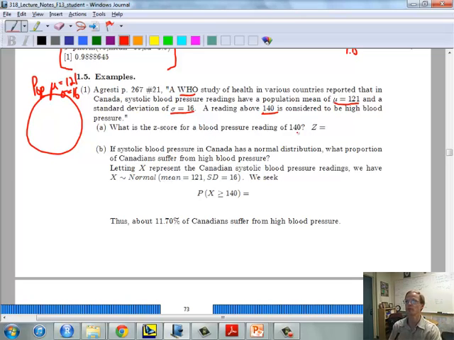So, first question, what's the z-score for 140? No problem. We're just going to take our formula that we had written before, which is the statistic minus the population parameter for the center, divided by the population parameter for standard deviation. And in our case, we have 140 minus 121 over 16. That gives 1.19.